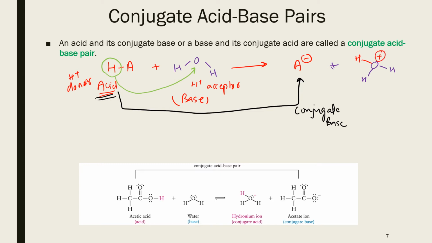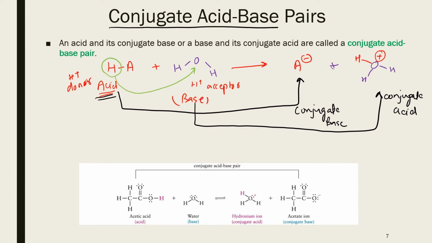So it's a hydronium ion, right? The leftover part of a base is known as the conjugate acid. Together they are known as a conjugate acid base pair. So remember, when an acid donates the proton, whatever is the leftover part is known as the conjugate base. And for a base, after it accepts the proton, such as here, the leftover part is known as the conjugate acid.